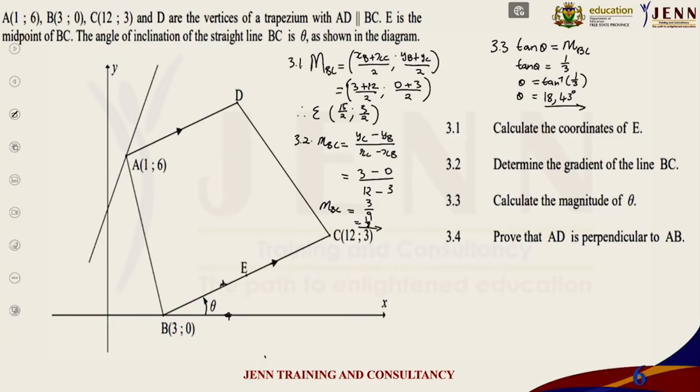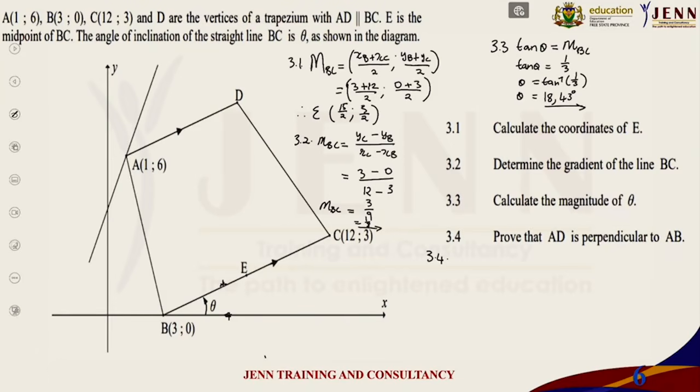Then we come to the last question, which is 3.4. They say prove that AD is perpendicular to AB. All right, good people. For us to know that two lines are perpendicular, we must have their gradients.